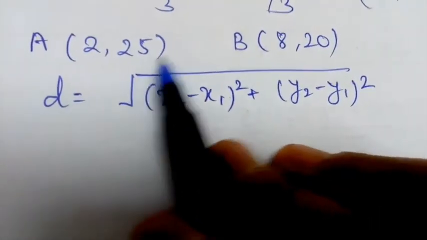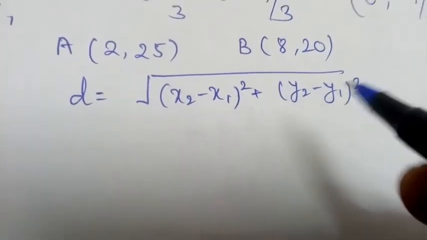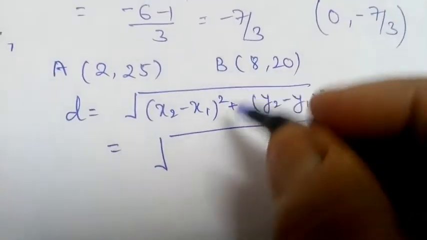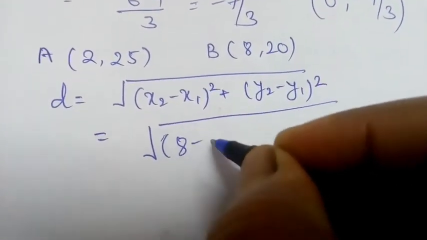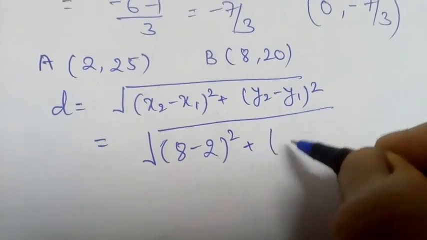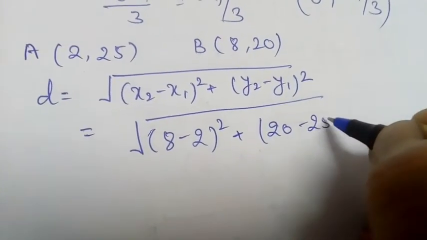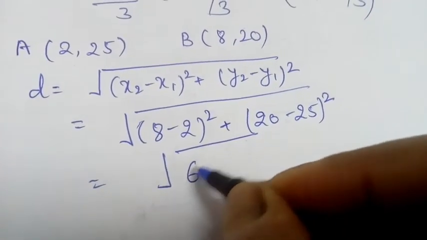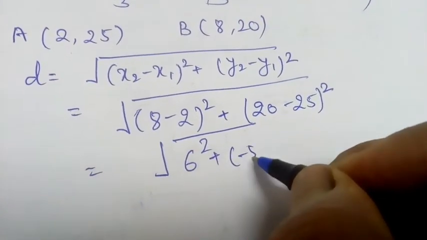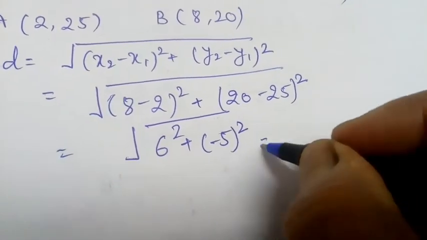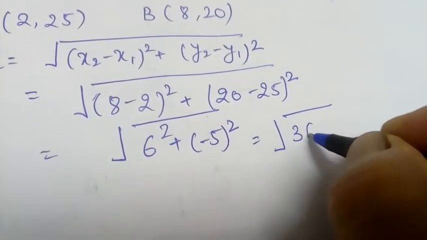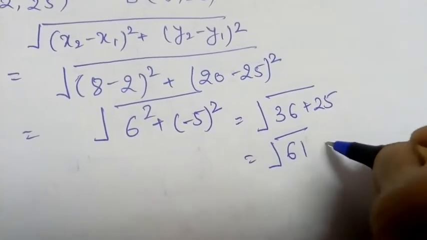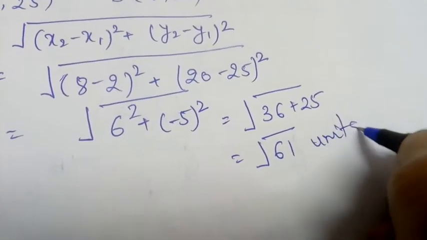A is (2, 25) and B is (8, 20). By the distance formula, it means (8 minus 2) whole square and (20 minus 25) whole square. It means 6 square and minus 5 square, 36 plus 25, which means root 61 units. That is the distance between these 2 points.